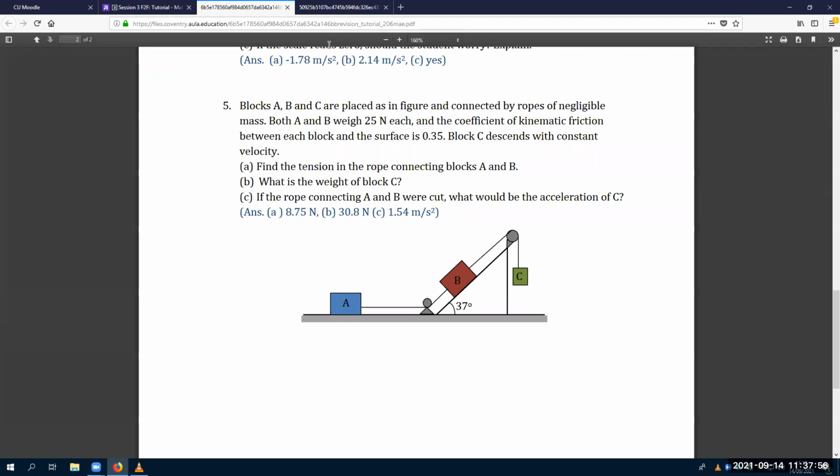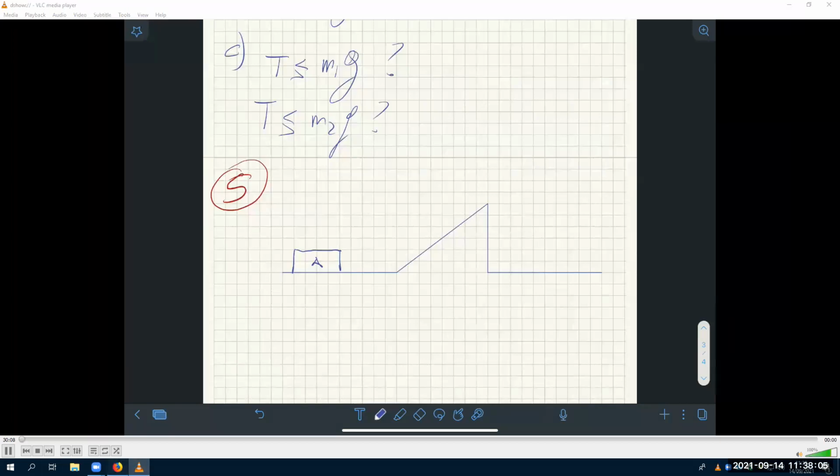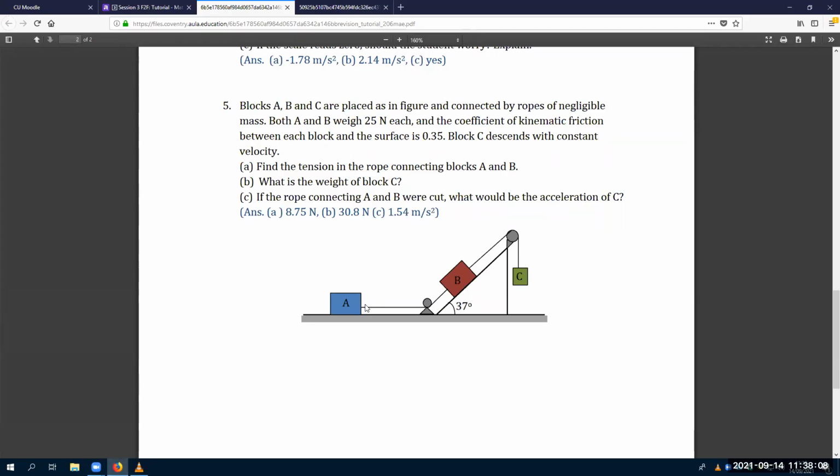So we have a block A. I know I'm not showing the notepad because I need it on top. Otherwise, I can't see it. So bear with me for a moment while I draw this. Now we have a pulley. This rope, I'll draw this.